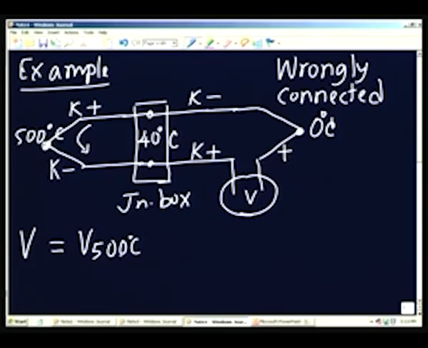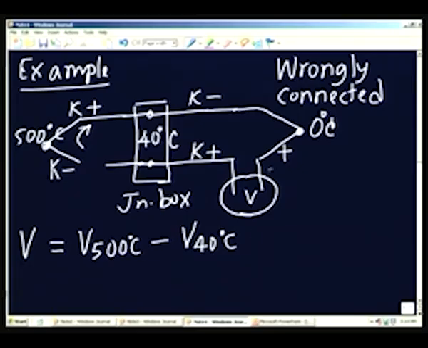So, for the 500 degrees I will get a positive voltage, let us say, then I will get a negative voltage corresponding to 40 degrees. Actually I am going the other way. This would give you positive, and then I am going from positive to negative here. Here I am going from negative to positive, positive to negative. I will get minus V 40, all with respect to 0 degrees, because we are going to use the same table.